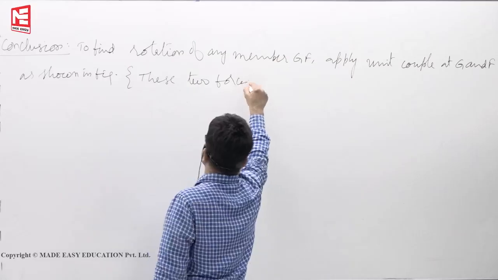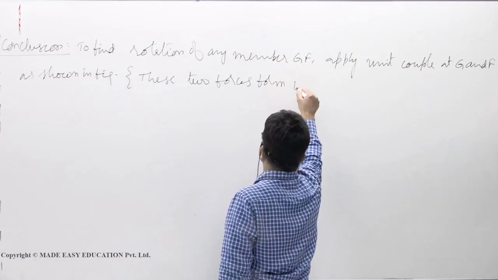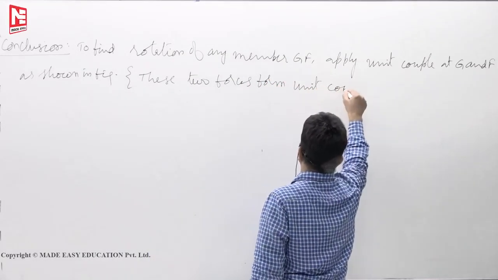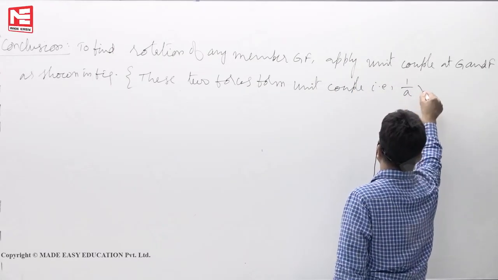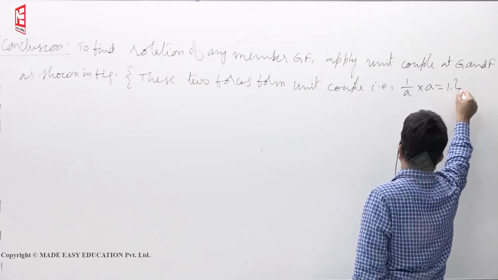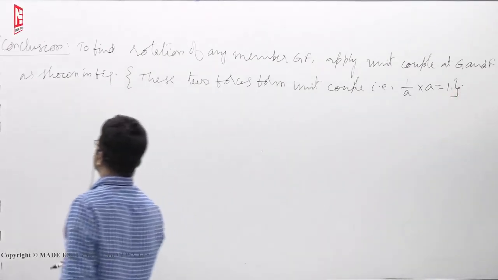These two forces form unit couple. That is, 1 by A into A is equal to 1. Unit couple as shown in figure.